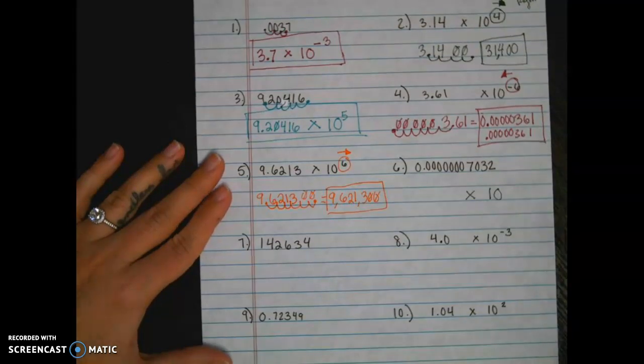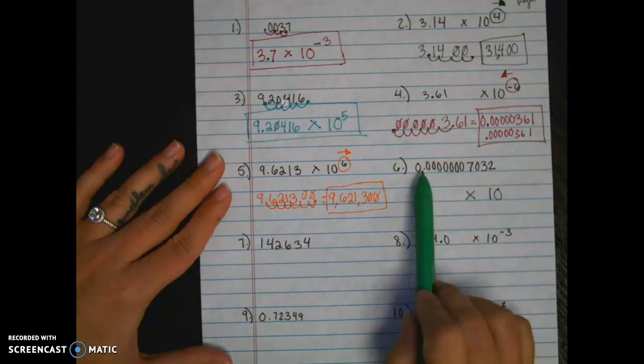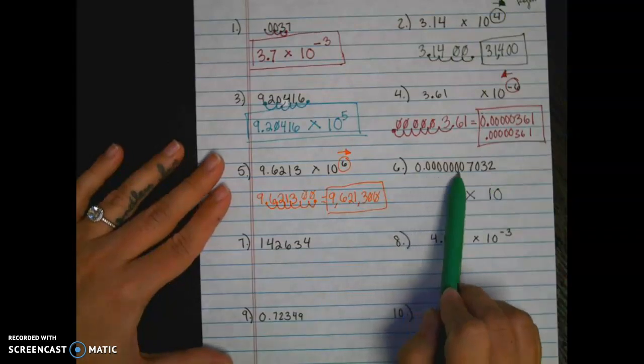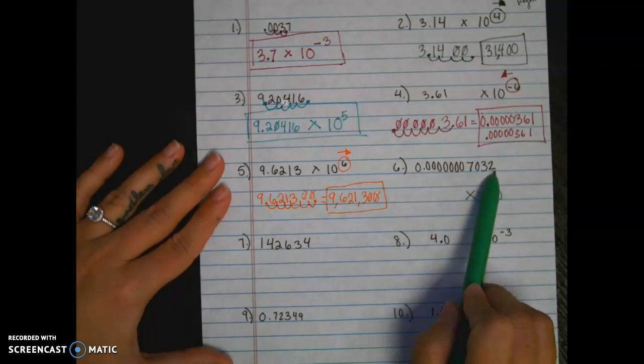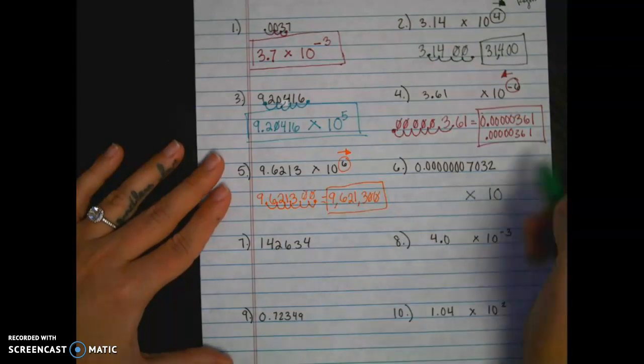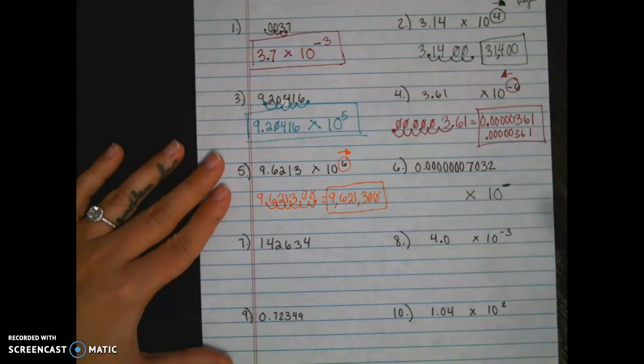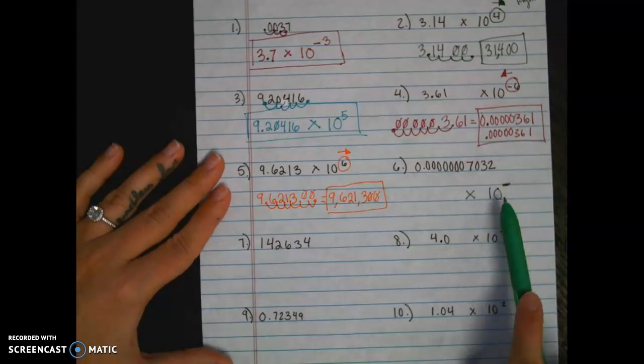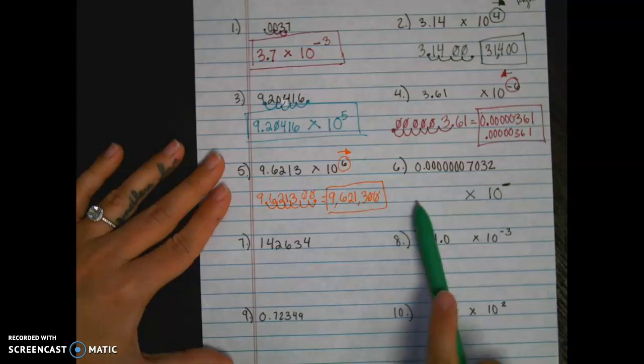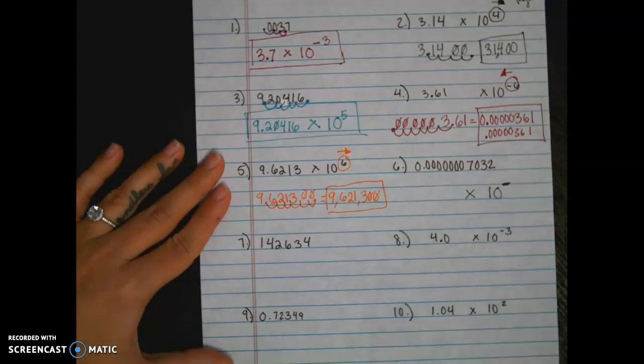I don't know how many numbers it's going to be, but what I do know is that this is less than 1. This is 0.00000007032. That's going to have a negative exponent. So sometimes I like to start out like that, where I know times 10, it's going to be negative. You can do it that way, or you can start writing out the number and then put however you want.